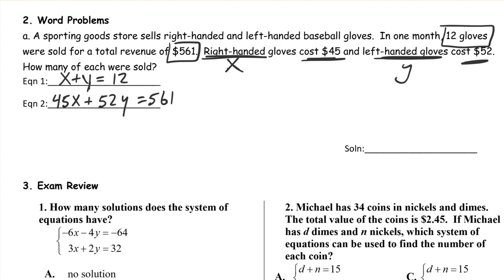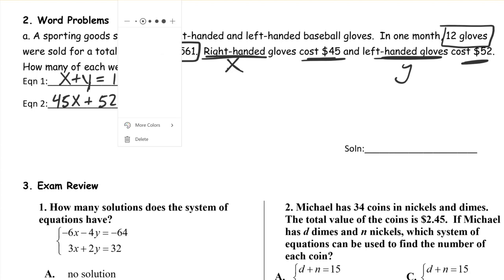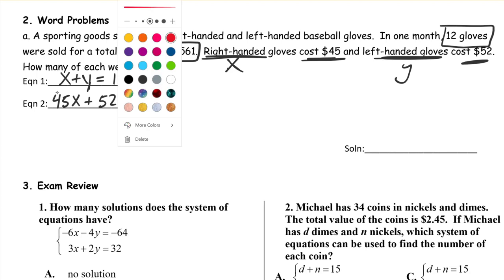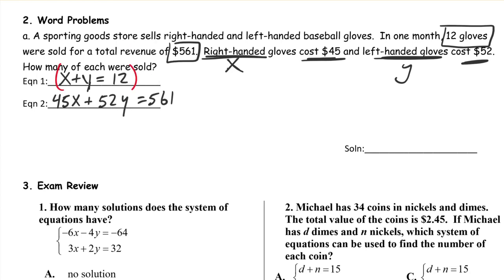So solve this using elimination. Let's multiply this entire equation by negative 45.